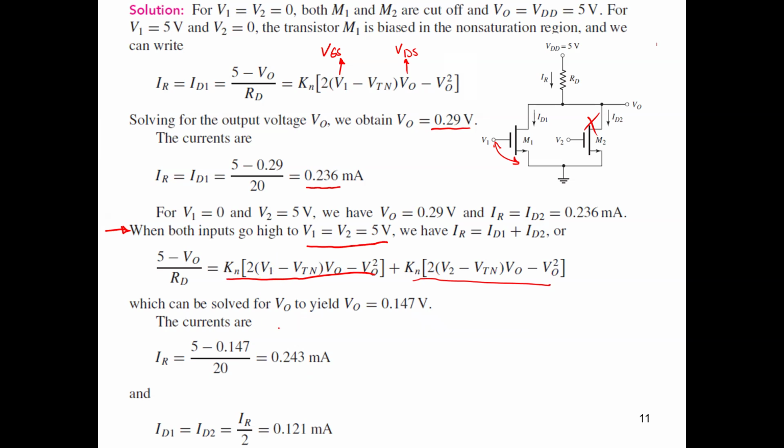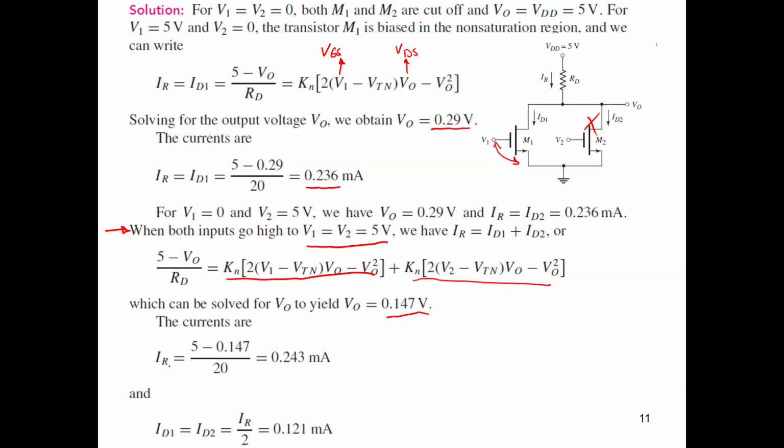Okay, so he solved the equation again. And again, since we are working in the linear mode, we expect that V drain to source will be a very small value. So the accepted solution here was 0.147. So this is the output volt, or V drain to source.